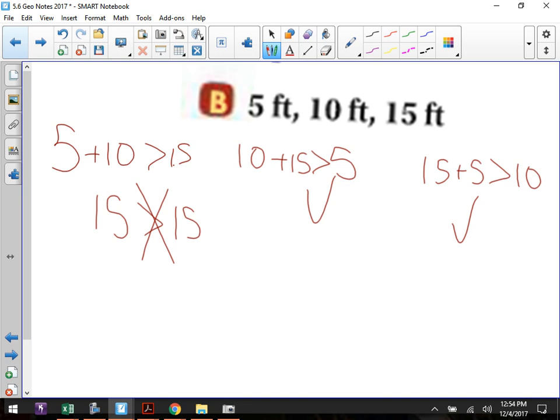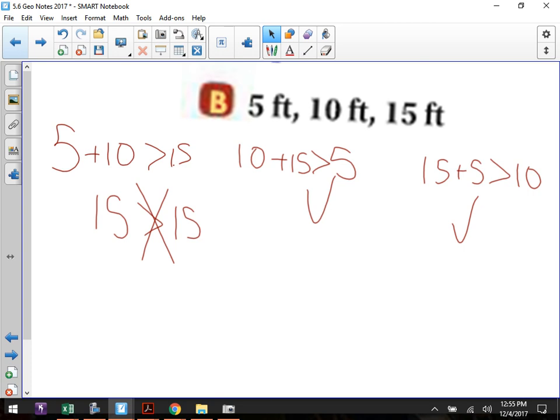No. The reason is, if you think about it, when you have a ruler, you agree that's a side length? Here's the bottom of the triangle.